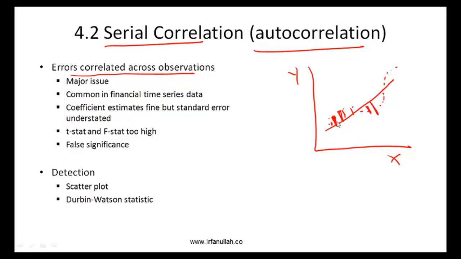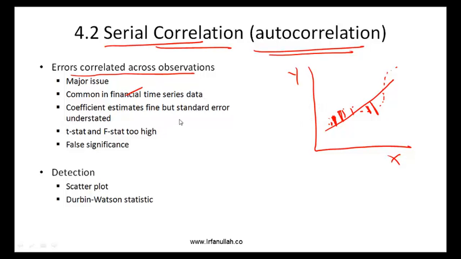If there is correlation between error terms, that again is a violation of one of the assumptions. So what's that violation called? Serial correlation. And what is another term for serial correlation? It is autocorrelation, a correlation between the error terms. So this is a major problem because very often financial data is time series data and there is seasonality.